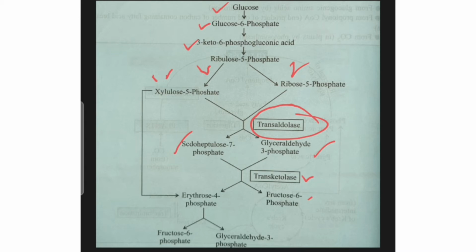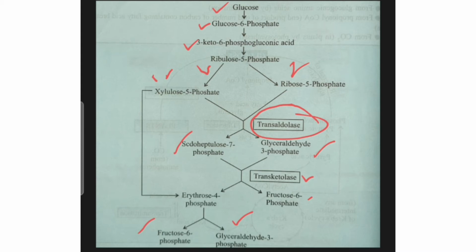The erythrose 4-phosphate can be further divided into fructose 6-phosphate and glyceraldehyde 3-phosphate. So that is all about the steps of the hexose monophosphate shunt pathway.